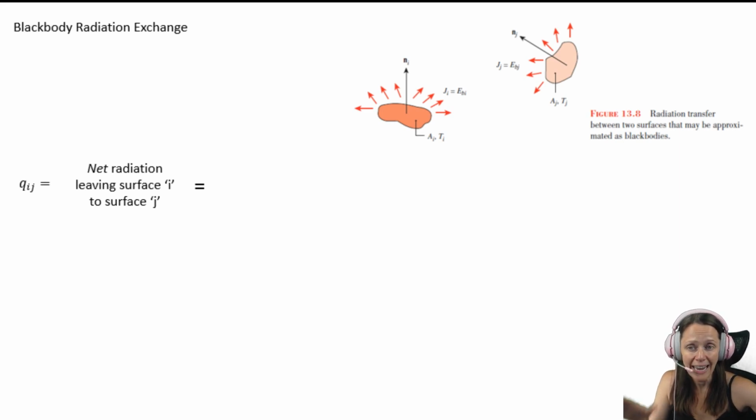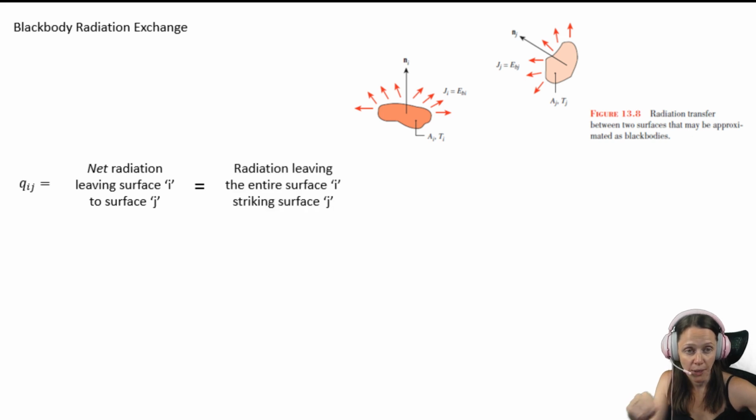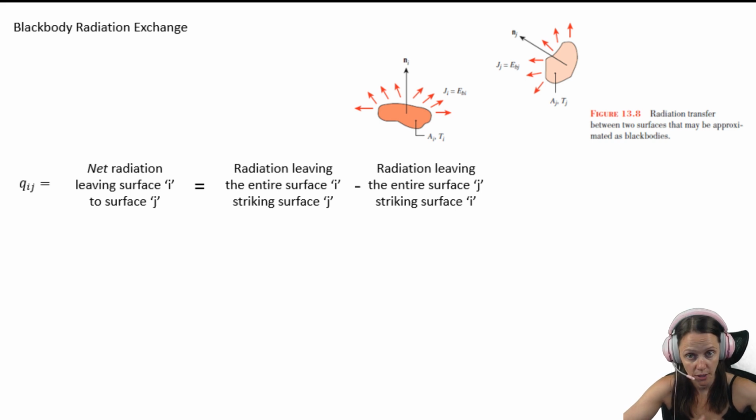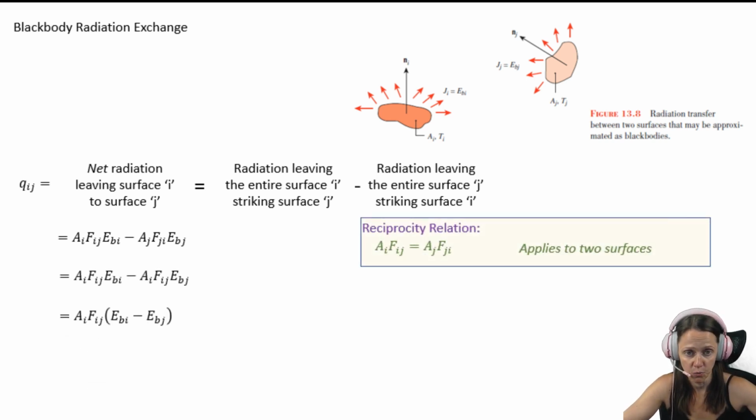So we define the net rate of radiation leaving surface I and hitting surface J as the rate of radiation that's leaving the surface minus the rate of radiation coming into the surface from surface J. And we have an expression for that if we have a black body. The fraction of energy emitted by a black body surface I is the view factor times the Eb term, so the emitted radiation of a black body. And then we multiply that by the area to get that in terms of watts.